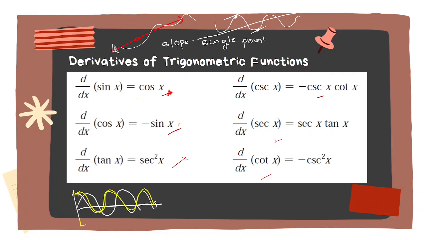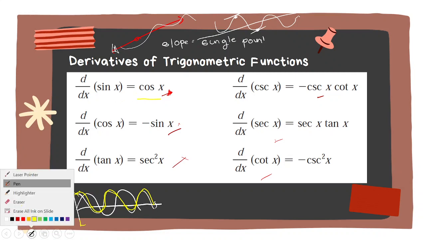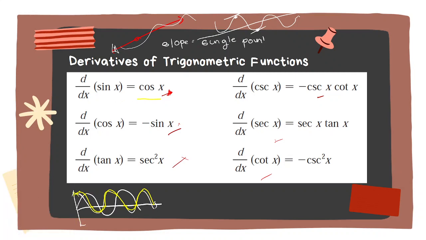Now, in this case, you first copy the derivative of sine x, which is cos x. The derivative of cos x is just the opposite, negative sine x. Then tan x is sec squared x.